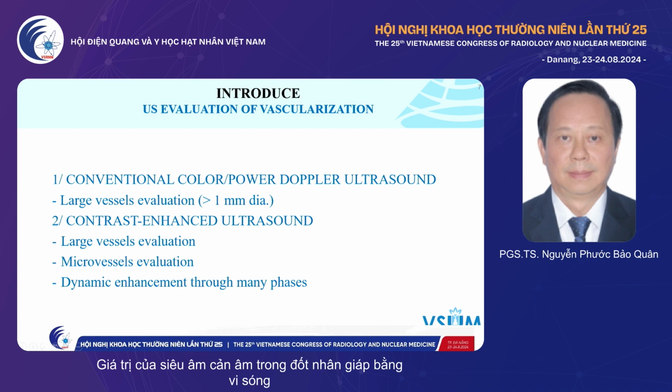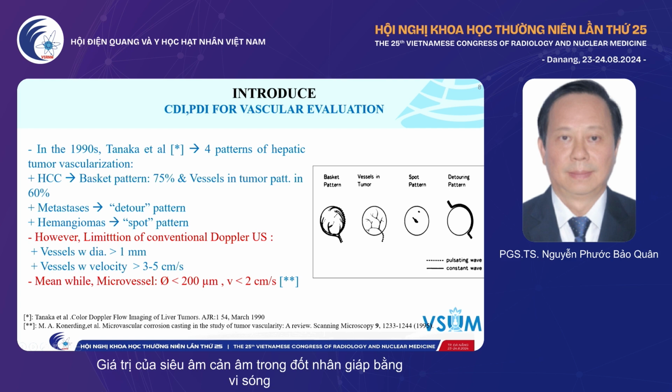Now we talk about the daily practice of ultrasound to investigate vascularization. We have conventional color Doppler, and we have contrast enhanced ultrasound, called CEUS. As you know, in the 1990s, Tanaka proposed four patterns of hepatic tumor vascularization.